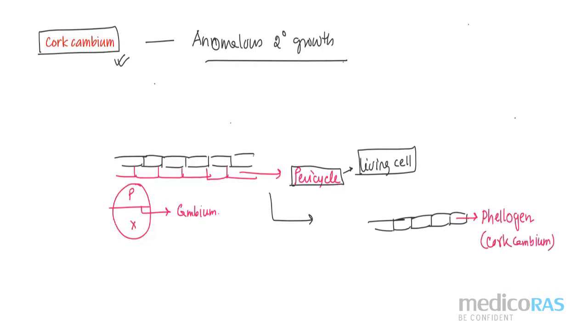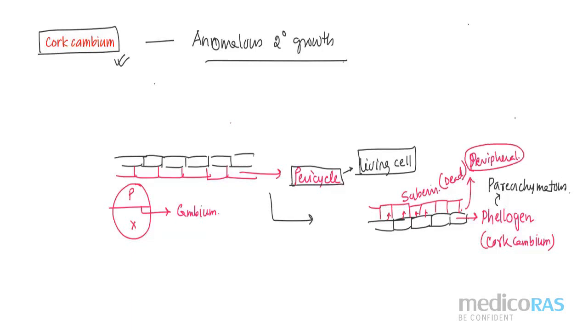The phellogen is also known as cork cambium and it is parenchymatous, due to which it can deposit suberin, which makes the cell hard and is known as cork or phellem.